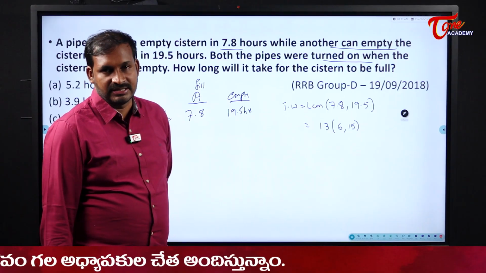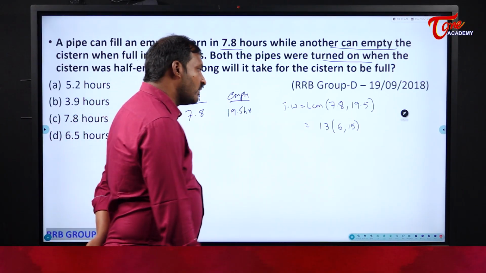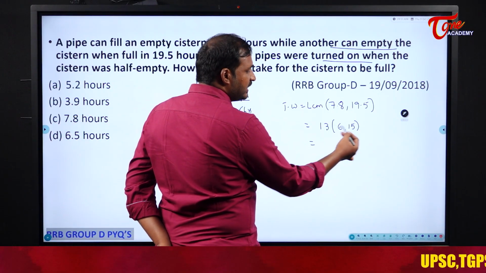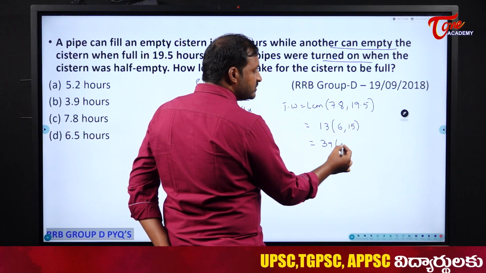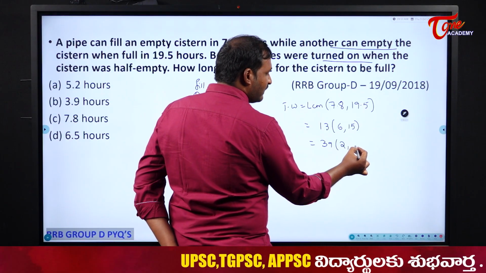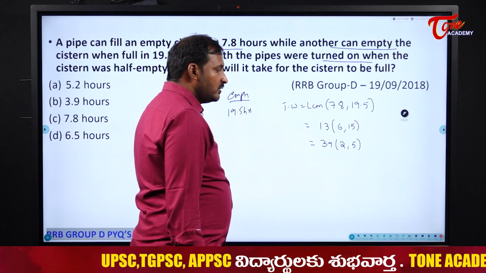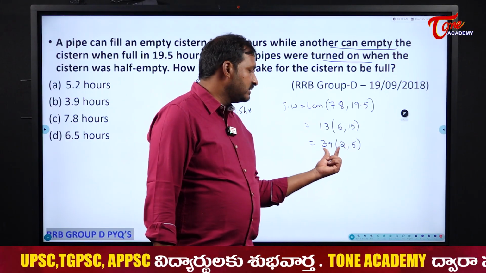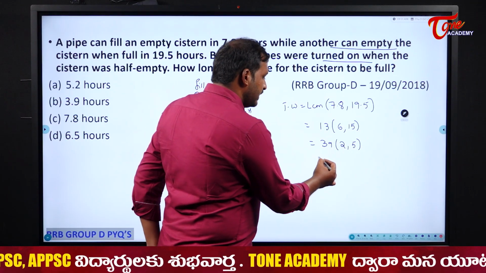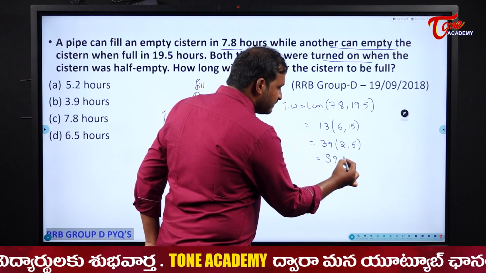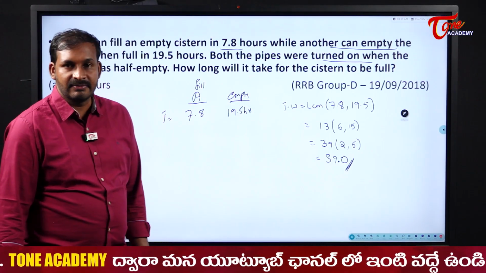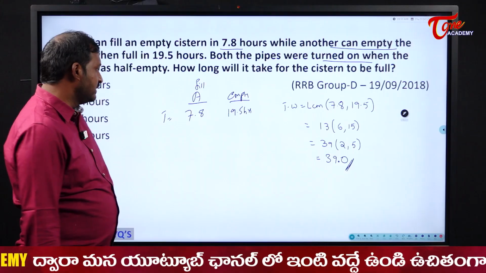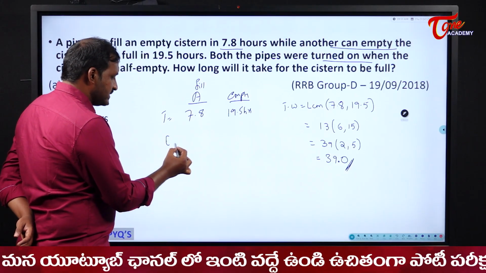Once again, you can take 3 common: 13 3s are 39. So this will become 2 times and 5 times. 2 5s are 10, and 390. I have a decimal here, so my answer becomes 39. Now efficiencies.